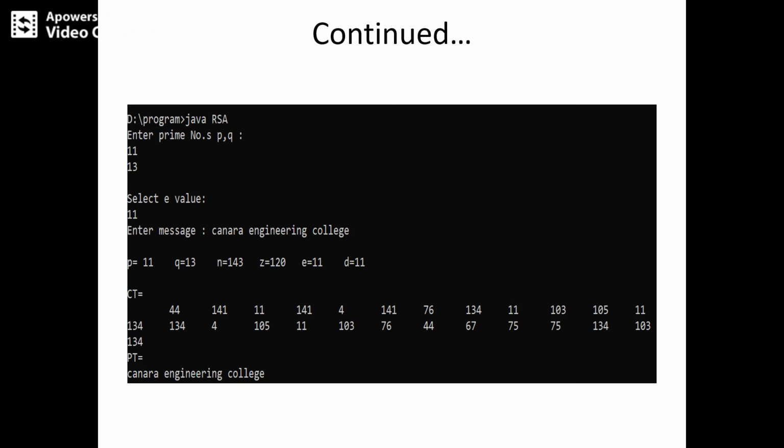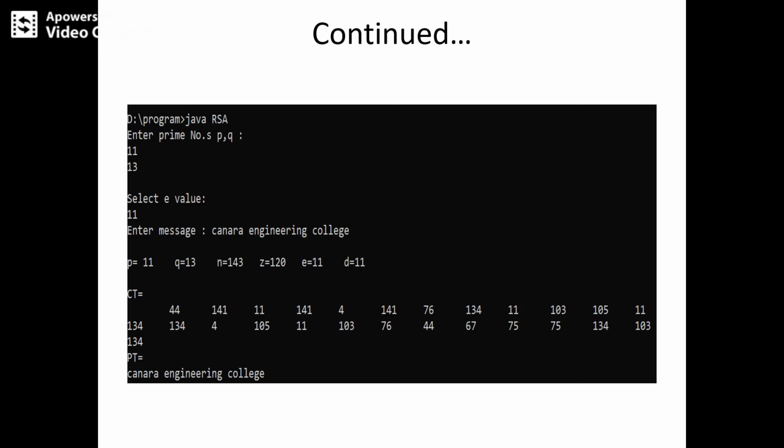So here P is 11, Q is 13, and there is the product of the two prime numbers, and the secret key by default it will take, because we have taken 11 and 13 and the e value is 11, the secret key is 11.